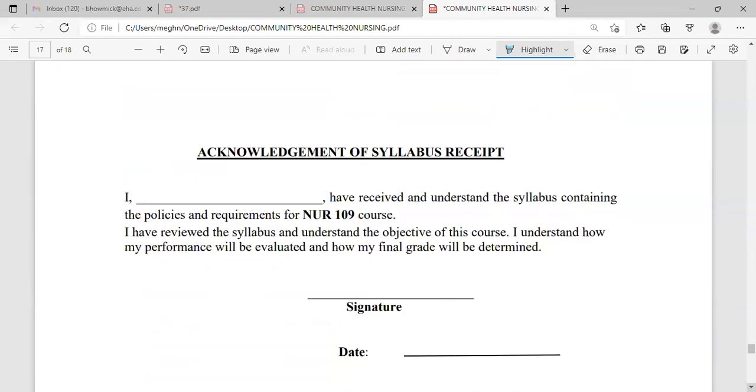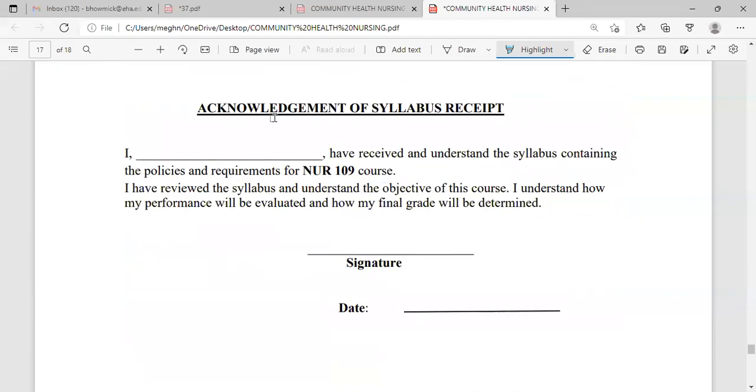What else? Lastly, here, acknowledgement of syllabi, right? Acknowledgement means acceptance of the truth or existence of something.